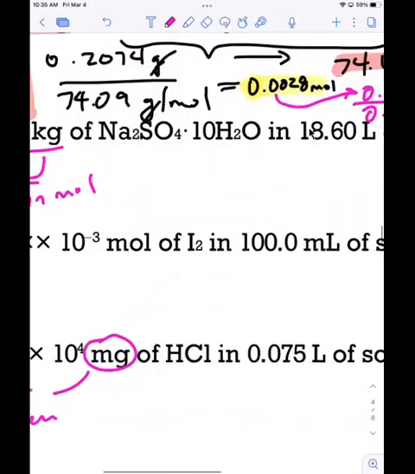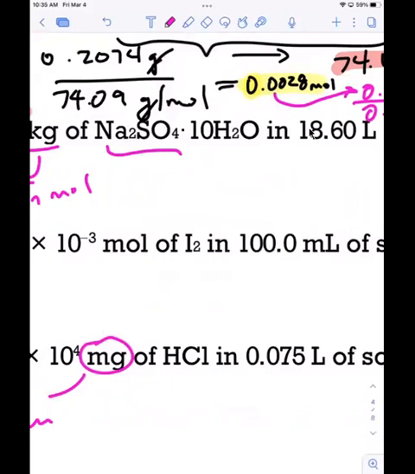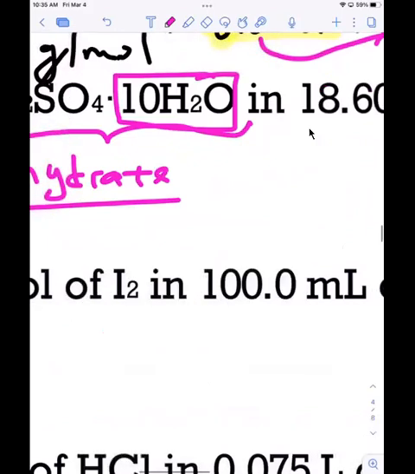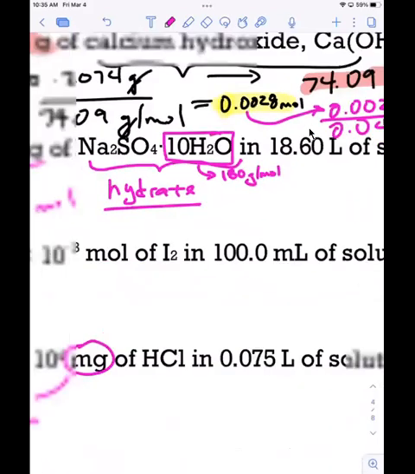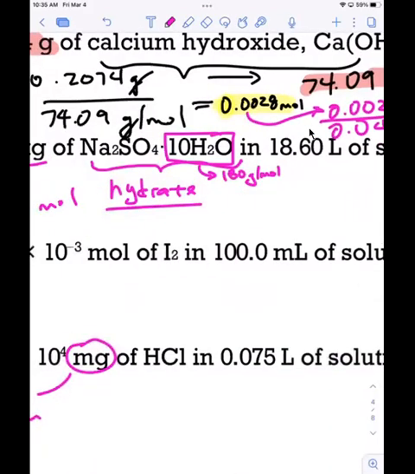With the molecular formula right here, you see how this is what's called a hydrate. So we have to include that water. We're not even going to worry about calculating all this. This is 180, because water is 18 grams per mole, and you got 10 of them. So we're going to include that in the calculation with sodium sulfate. Can somebody Google the molecular weight of sodium sulfate?